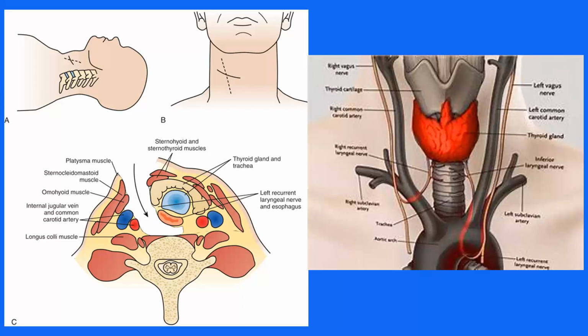The chances of damaging it are less than on the right-hand side, where it curves around the right subclavian artery, and then goes medially to lie in between the esophagus and the posterior structures, namely the longus colli. You have to pay attention that you should not damage these.